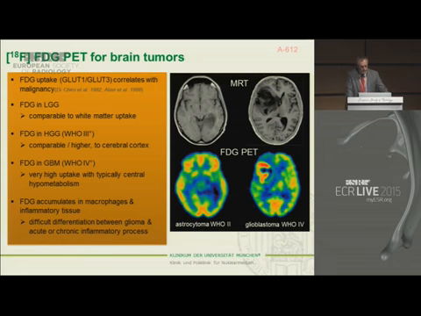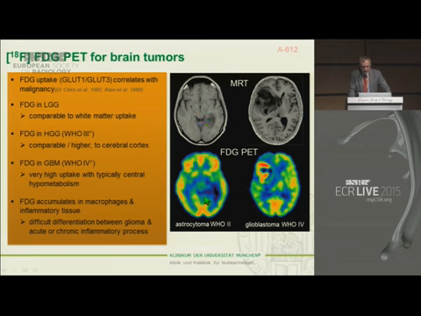So the upside of the FDG PET is that it correlates with malignancy, since higher malignant tumors have a higher expression of the GLUT1 and GLUT3 transporters. So normally in low-grade glioma, the FDG uptake is comparable to white matter, and the more malignant it gets, the higher the uptake is. But here you see the problem in the practical use of FDG in this area.